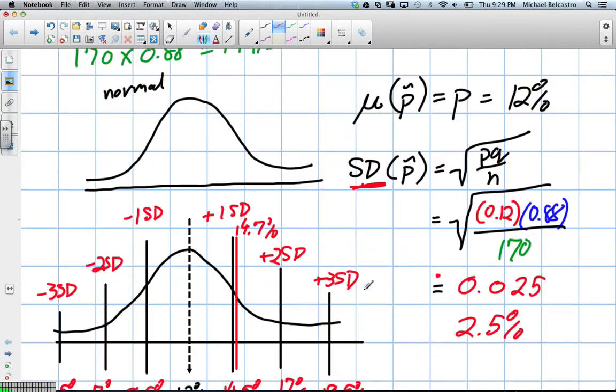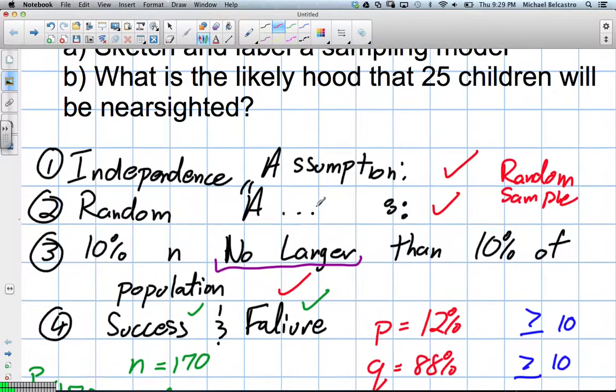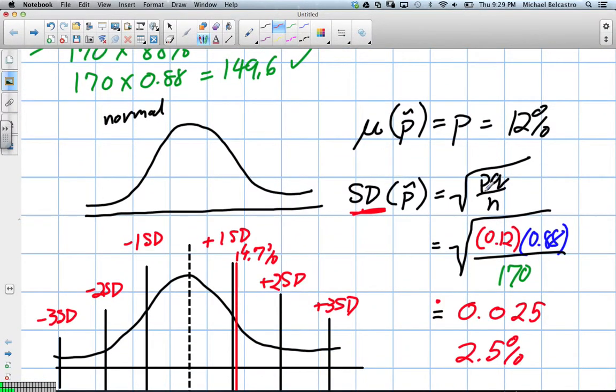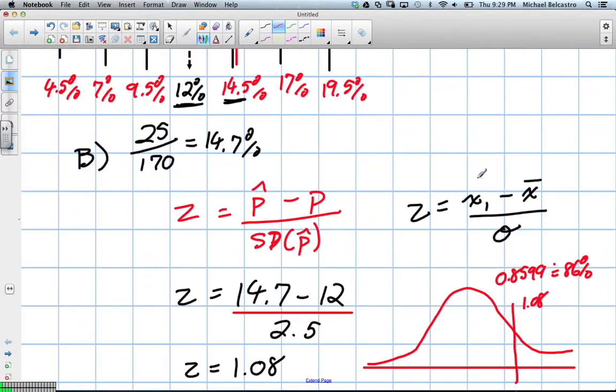What's the probability that 25 or more children will be nearsighted? Does it make sense that it's an 86% likelihood? That was a pretty high percentage. Remember, our average was 12. Oh, wait. Our z-score talks about everything to the left, but the question asked for the likelihood of 25 or more.